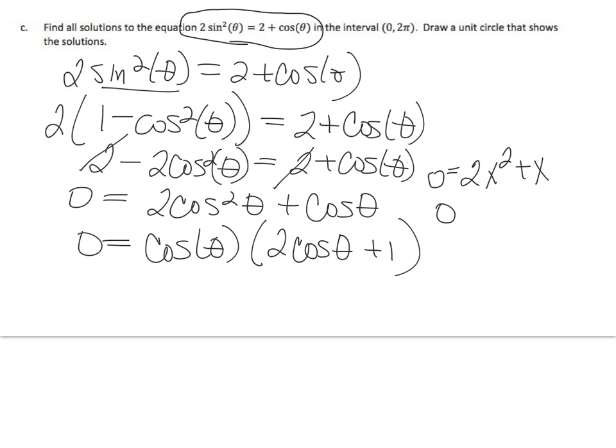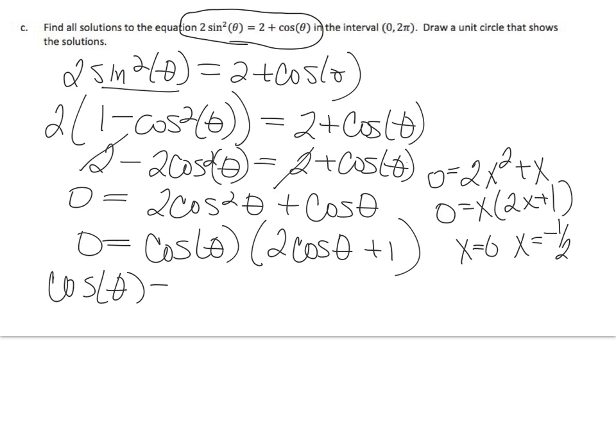So I just did x, 2x plus 1. Now if we're solving an equation, we can say x equals 0 or x equals negative 1/2, right? Well, it's the same over here. Cosine of theta equals 0 or cosine of theta equals negative 1/2. We just solved it. You guys did it.